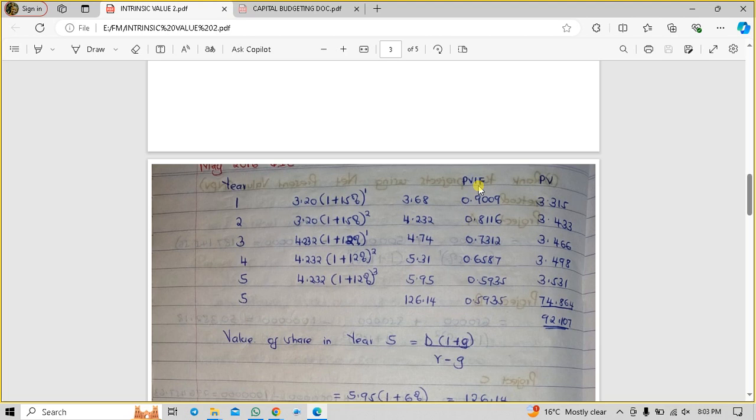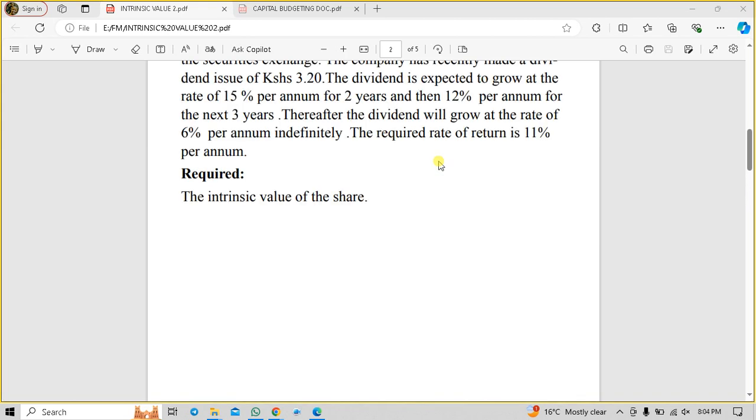So if you use that, what are you getting? So we are saying 1 plus 11% is to power negative 1. For the PVIF, we use the required rate of return, this one, not the growth rate. We use the required rate of return, which is always given.